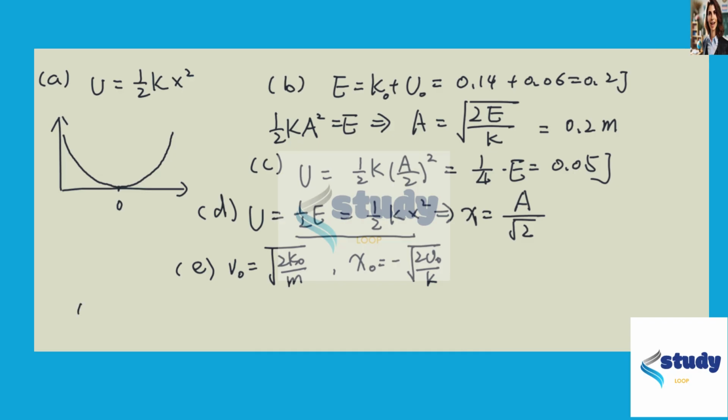So we know that the position is amplitude times cosine of omega t plus phi, right? So the initial position is when t equals 0, you have the phi here. And v similarly is equal to negative omega A sine phi, right?